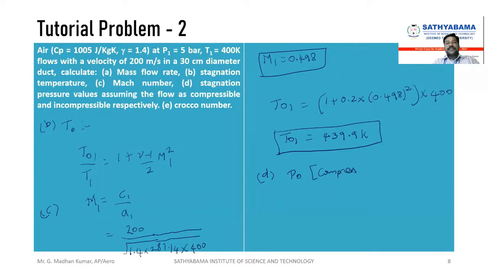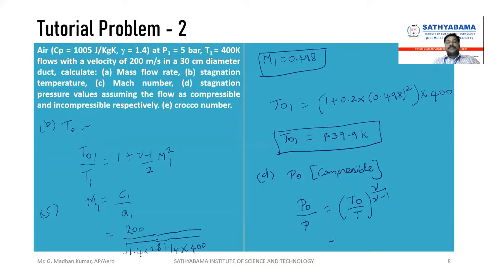First we are going to evaluate stagnation pressure for compressible flow. For this, we are going to use the relation T0 by T is equal to (P0 by P) to the power of (gamma minus 1) by gamma, in other words P0 by P is (T0 by T) to the power of gamma by gamma minus 1. Using this relation, we can find the stagnation pressure simply.